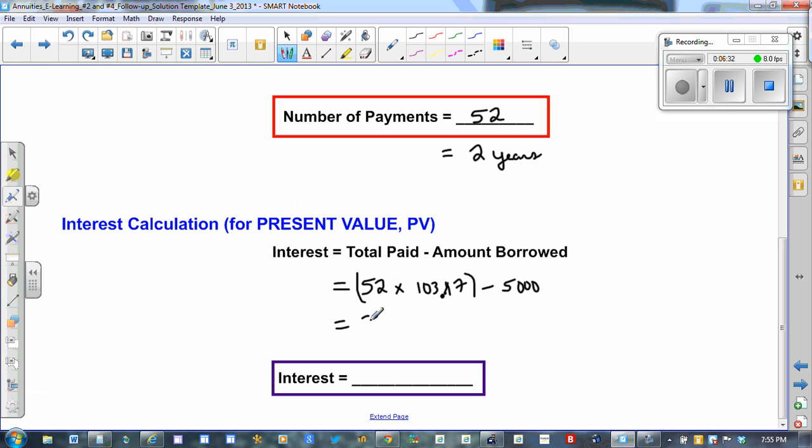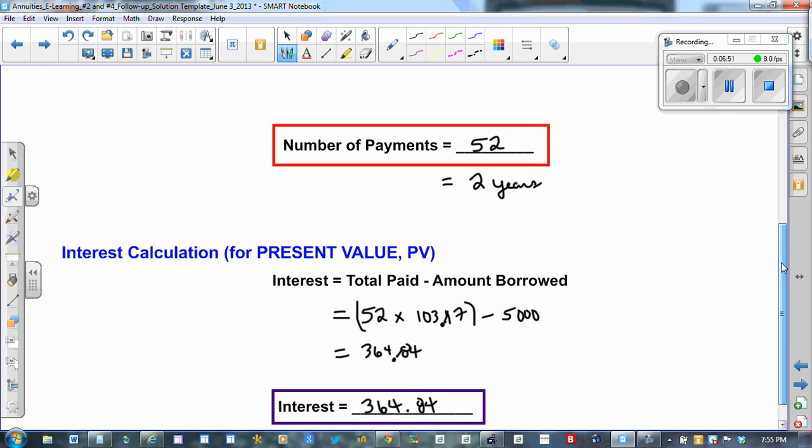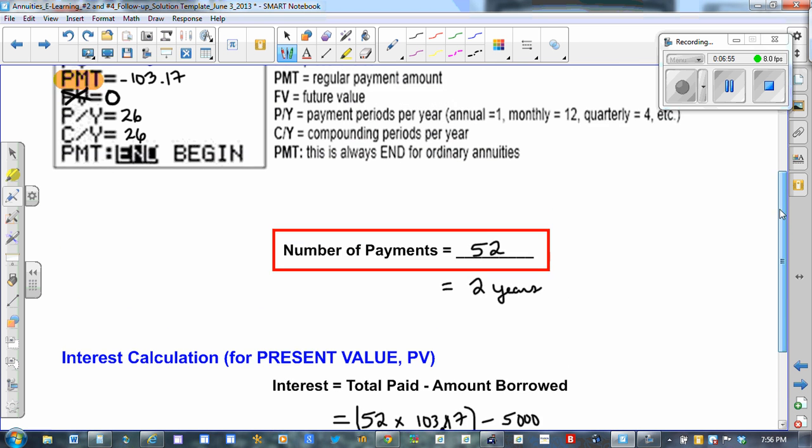That's 364.84. Therefore, the amount of interest paid over those 52 payments on $5,000 borrowed was $364.84.